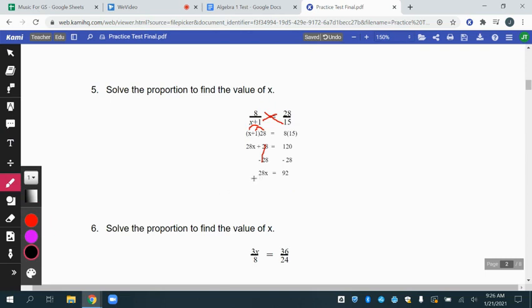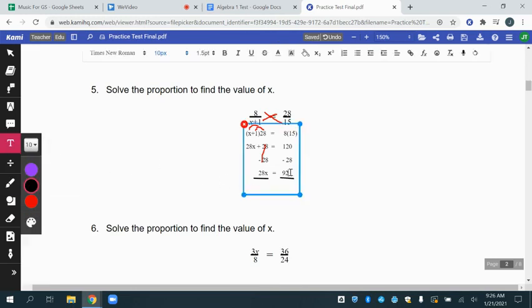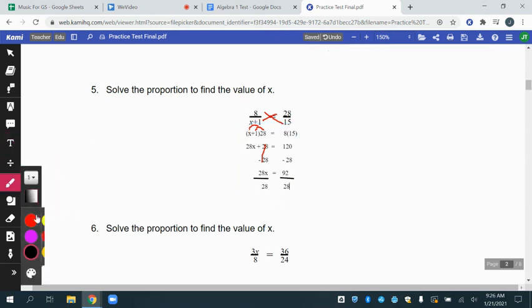So now I want to get rid of this 28. Here we are, dividing by 28. Boom, 28. Boom, 28. These cancel out as well. Boom, canceled out.